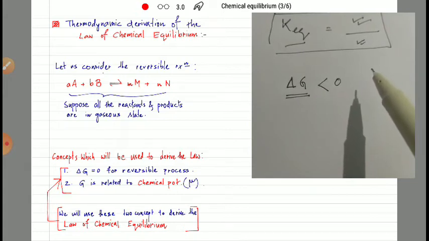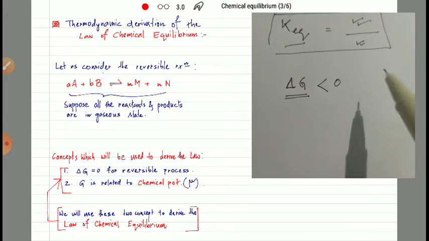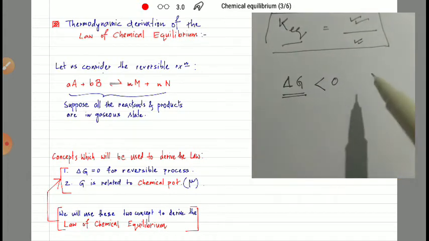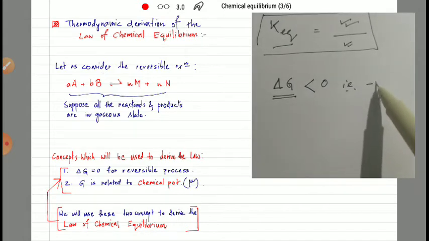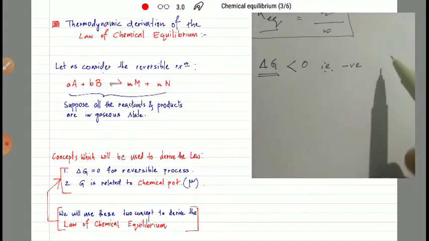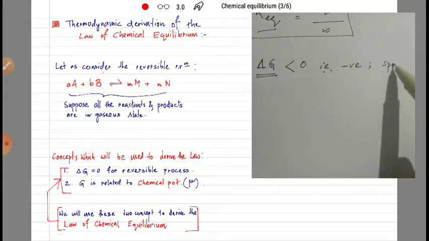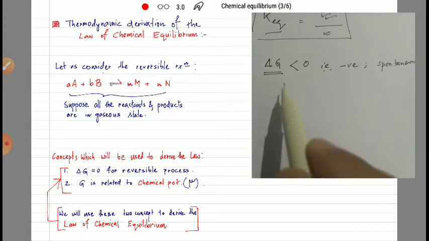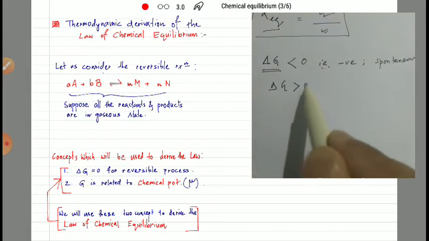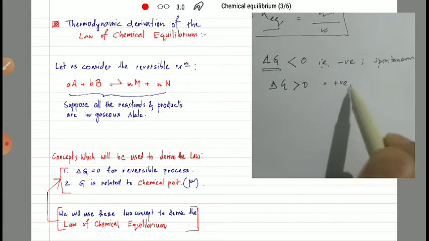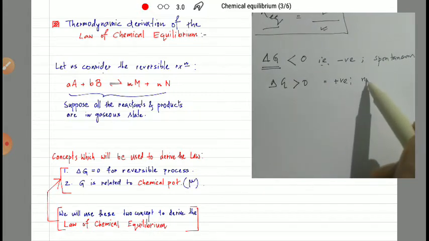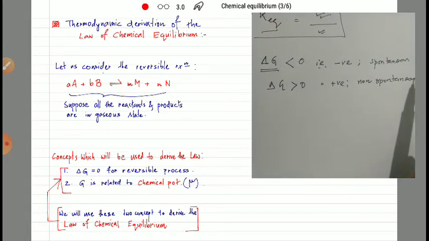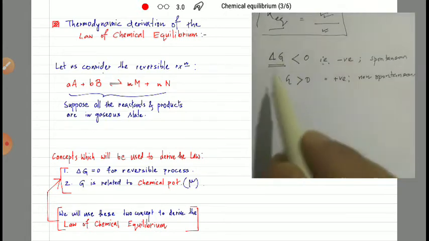If del G is negative, then the process is spontaneous. If del G is greater than 0, that is positive, then the process is non-spontaneous. Okay, so we know these 2 points.